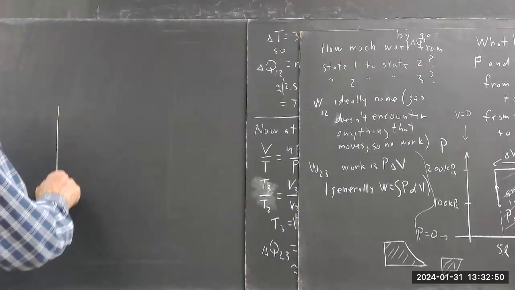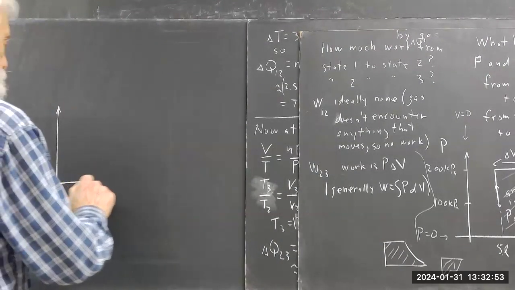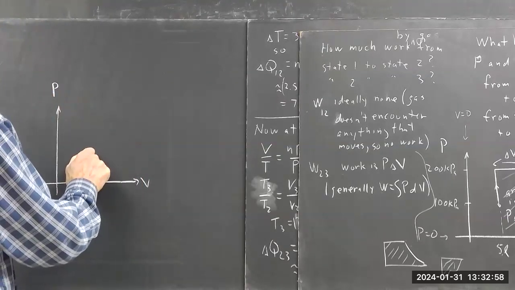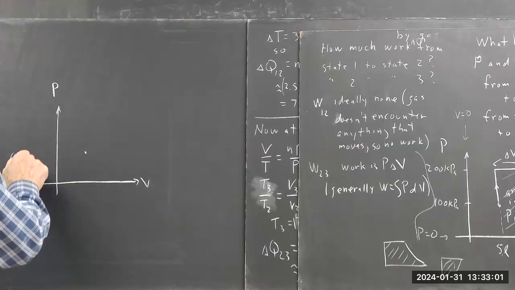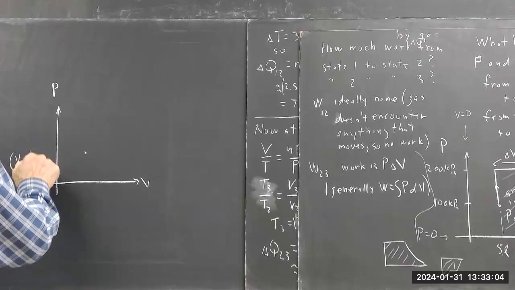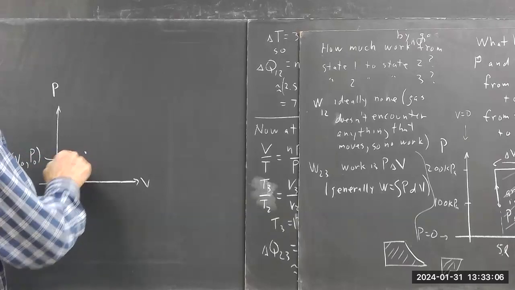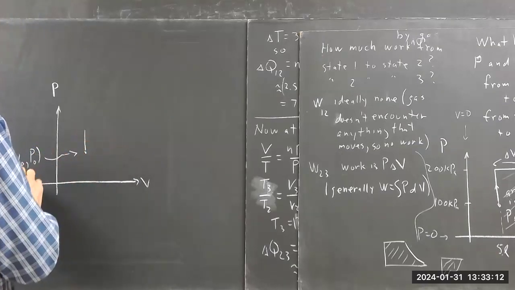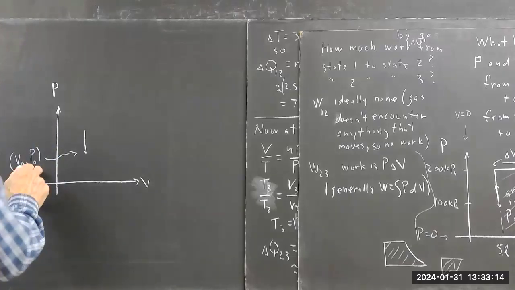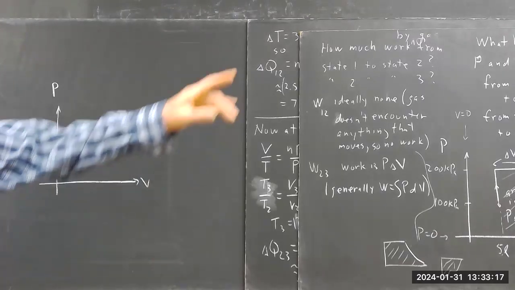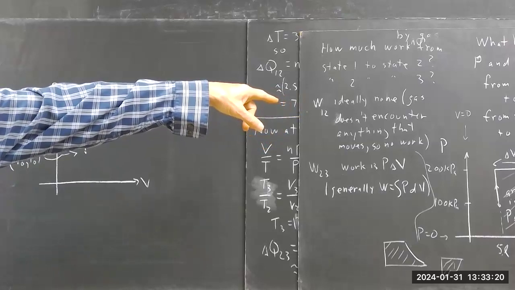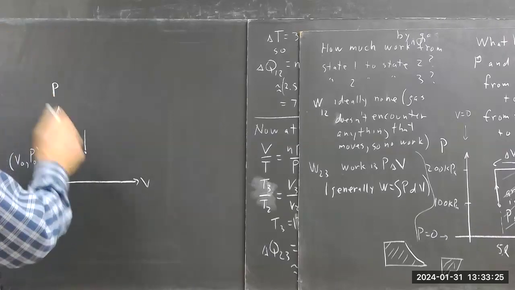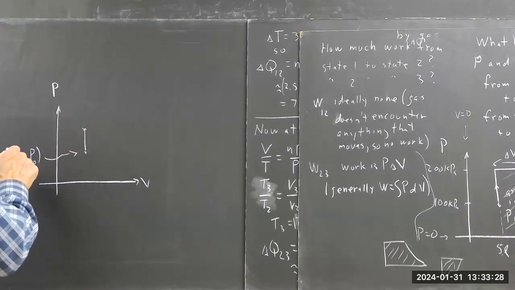Let's generalize this. Here's V. Here's P. Here's our initial state. Actually, I'm going to call it V naught, P naught, because that's usually what we do. I started using 1 and 2 for the subscripts over here. We generally start the subscript with 0. Okay, so we have V naught, P naught. Now we have another state here.